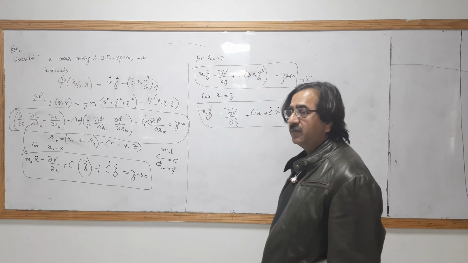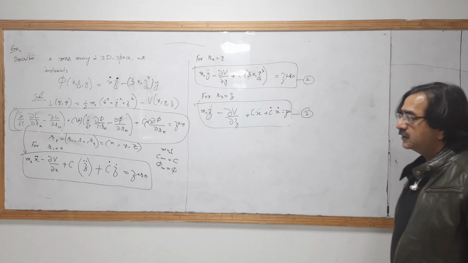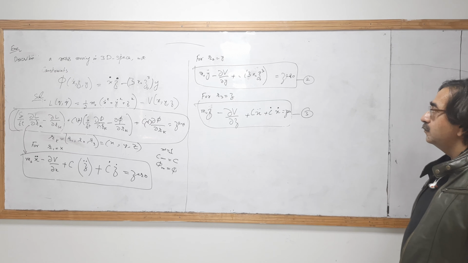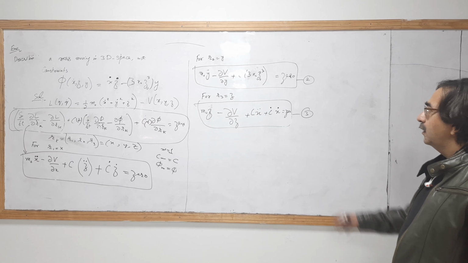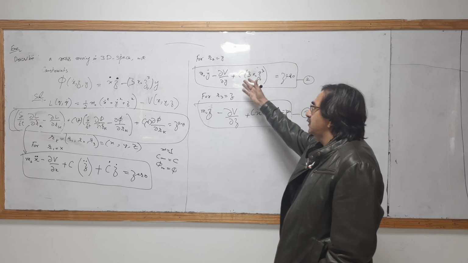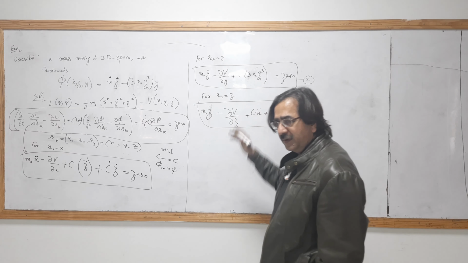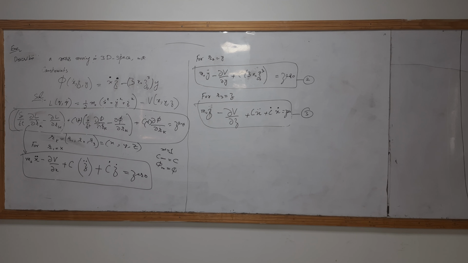Yes, that will give the information about the constant force. So how will you find C? I think you will get C from this, and putting this value, you will get the answer of C.